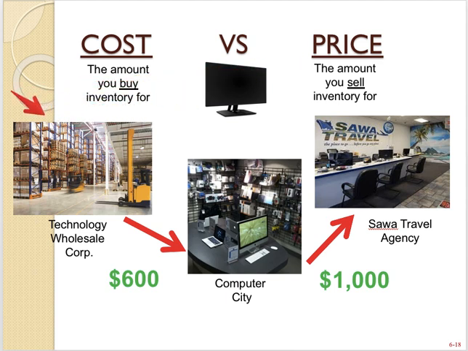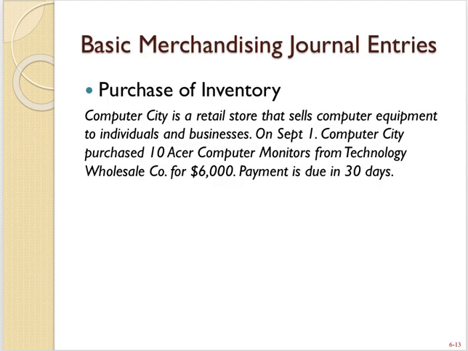So as you recall, in that first purchase transaction, it says that they bought the monitors from Technology Wholesale Corp for $600 each. And in fact, I don't even think the problem specifically said that, but just to refresh your memory and to prove that is the case, it says here that there were 10 monitors for $6,000 total.